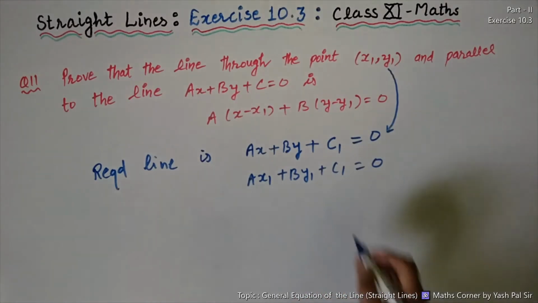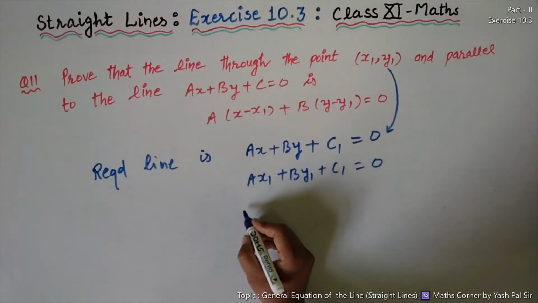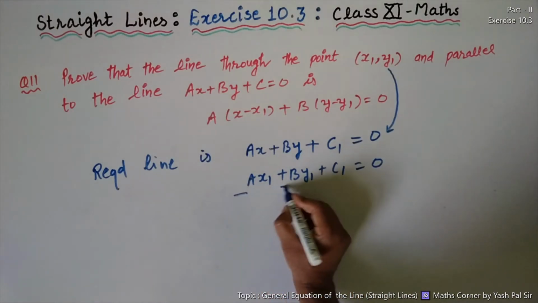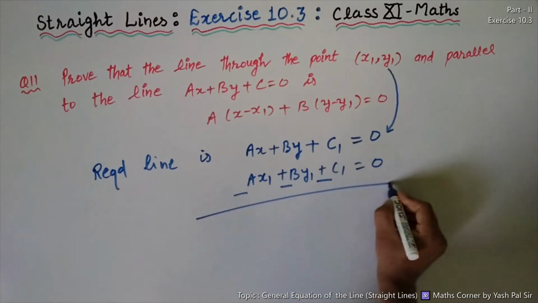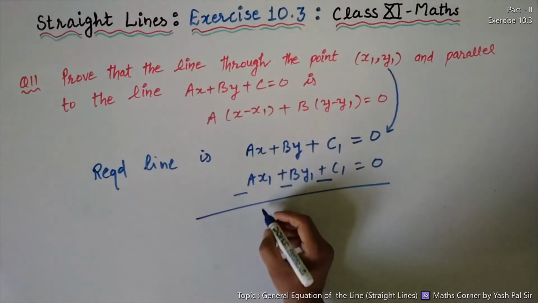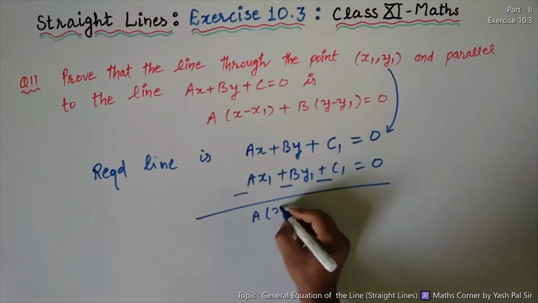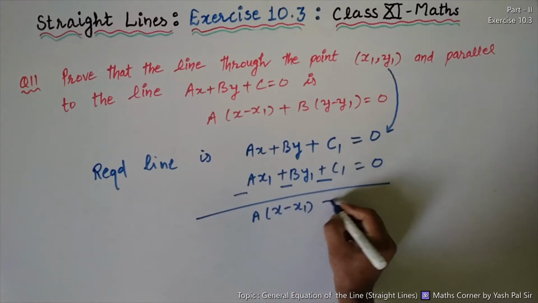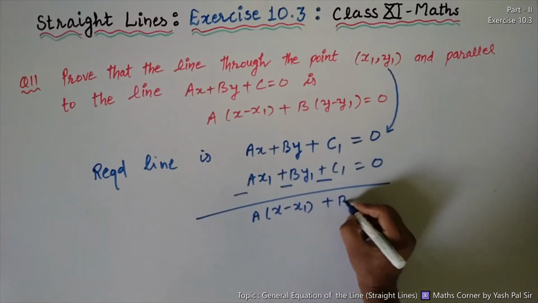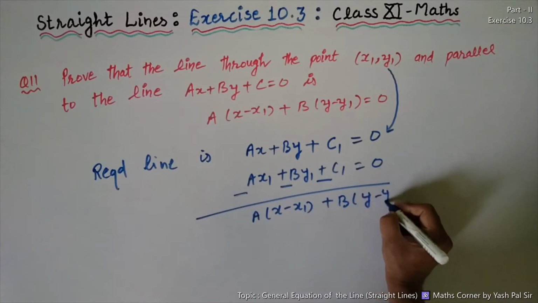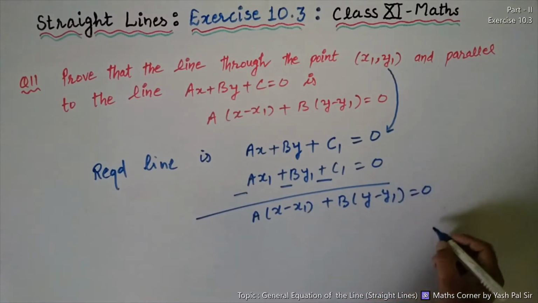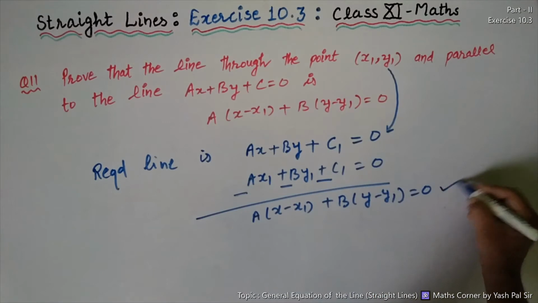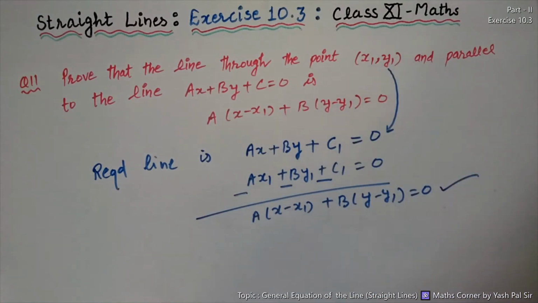So here, subtracting these two, we have a minus a, 0, this becomes a times (x minus x1), plus taking b common, (y minus y1) is equal to 0. So this is the required result.